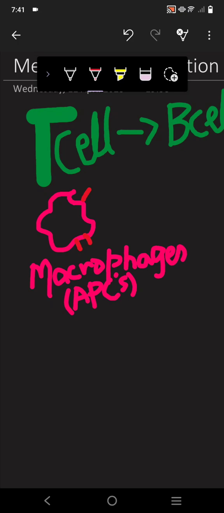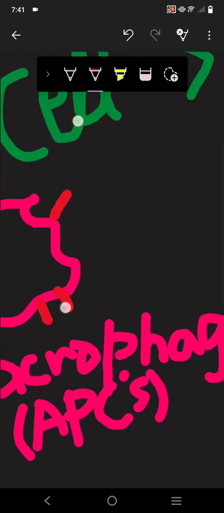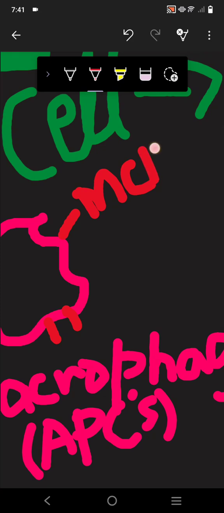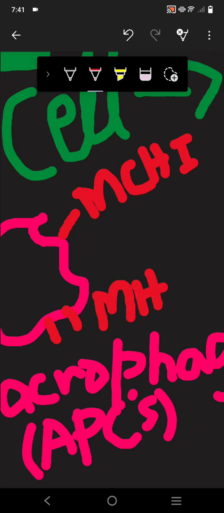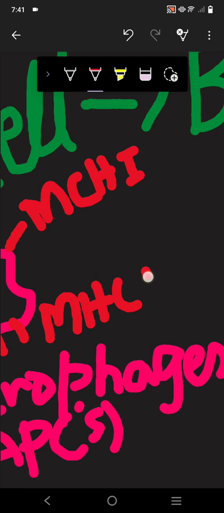MHC1 and MHC2 are special proteins that present the antigen, and then the T cell will read the presentation and identify which type of pathogen or antigen it is. So this is the work of the MHC1 and MHC2.